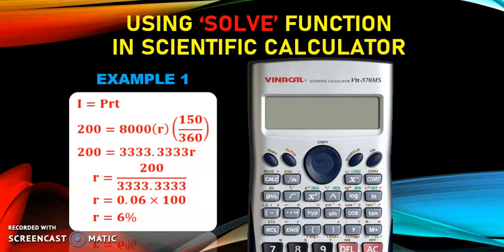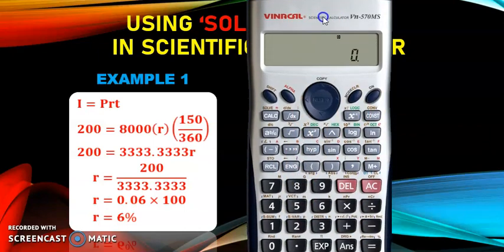Example 1: I have the equation I equal to PRT, with I equal to 200, P equal to 8000, R the value we want to find, and T equal to 150 divided by 360. How to find the value of R, 6%, using a scientific calculator? First you press 200 and then equal.